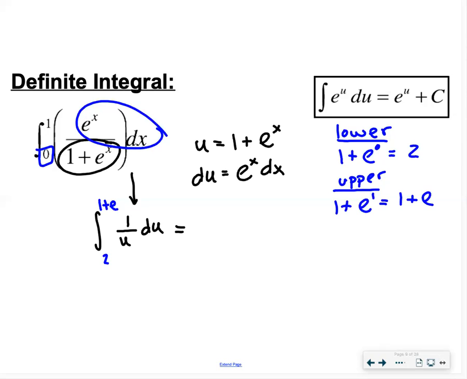This right here just goes back to, again, last class period or the one before that, where we said the integral of 1 over u is natural log of u. So I'd write natural log, actually with the absolute value symbol, so natural log, absolute value of u, and we'd evaluate it from 2 to 1 plus e.